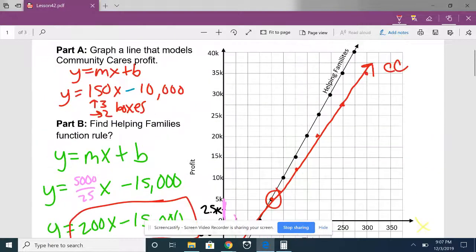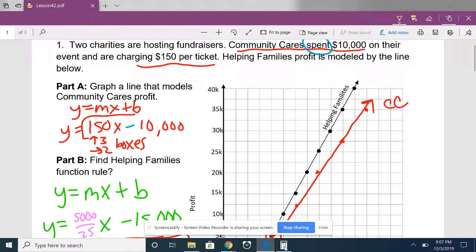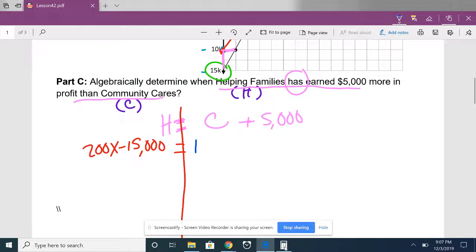My C, which is over here, 150x minus 10,000. All right. Don't forget the plus 5,000 at the end. This right here, you can't forget that.